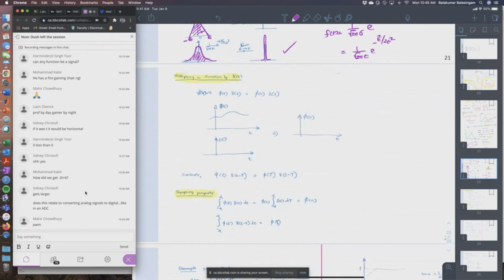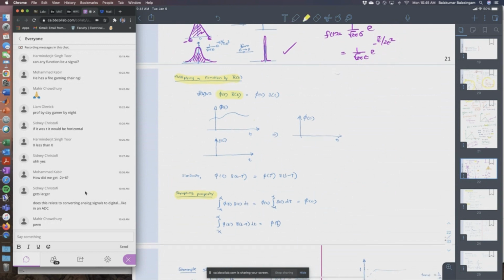Now, when you multiply a function by delta t, let's say phi t times delta t, this can be written as phi 0 times delta t. You have a function phi t, and you have delta t.